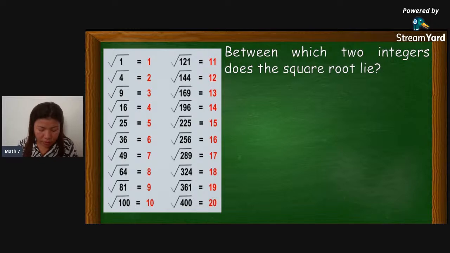Wait lang ha, sige. Square root of 4, very good. Next, square root of 9. Kasi nire-recall lang natin kasi malabo sa screen. Square root of 9.